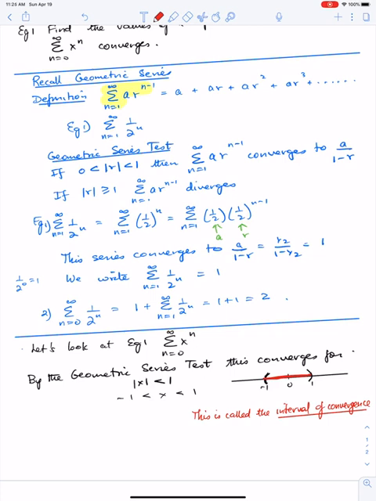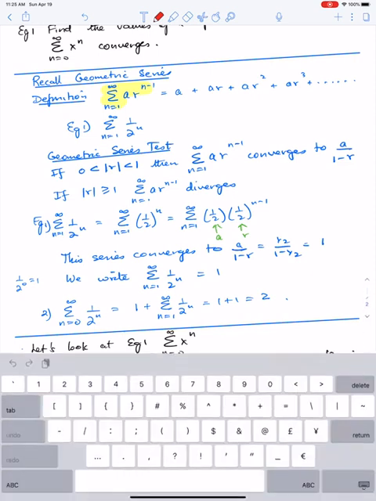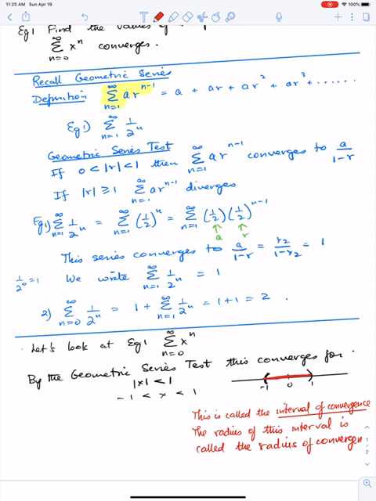And the radius of this interval is called the radius of convergence. It is 1 over here.